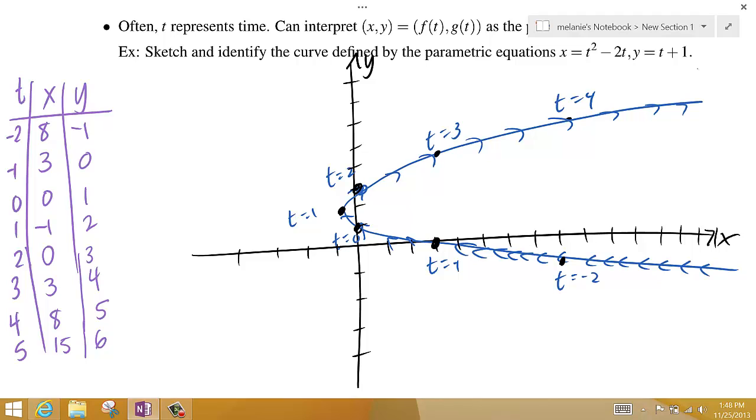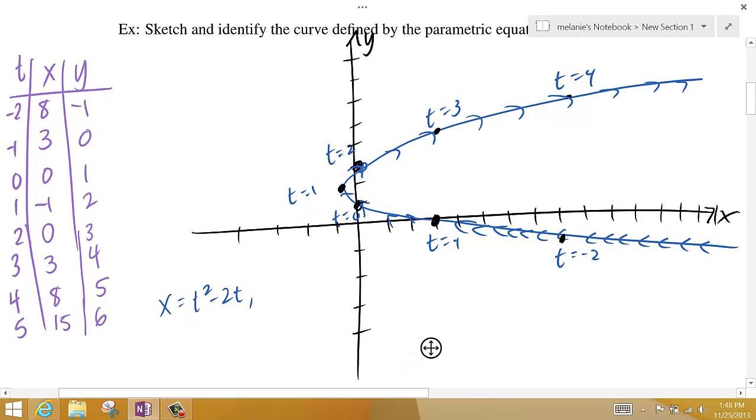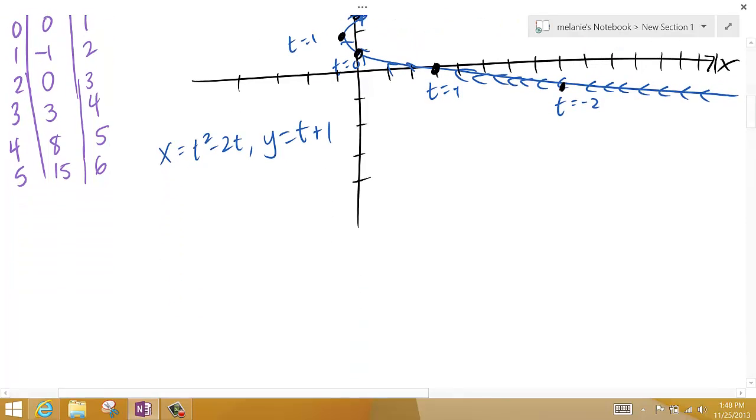Let's see if we come up with the same thing if we were to do it algebraically. Let me rewrite my functions. X is t squared minus 2t, y is t plus 1. Let's use algebra. Let's solve this for t. T is y minus 1. And I can make a substitution for those t's.